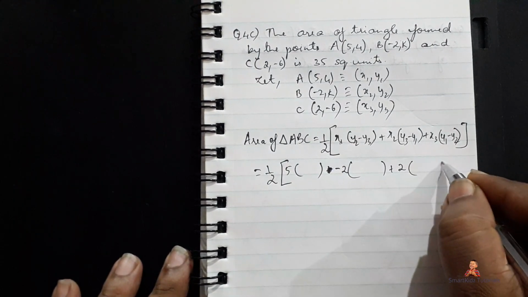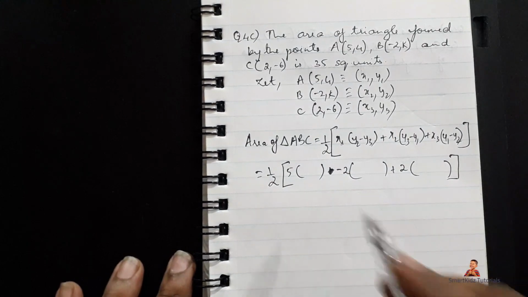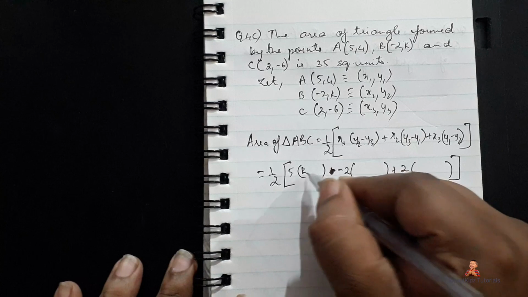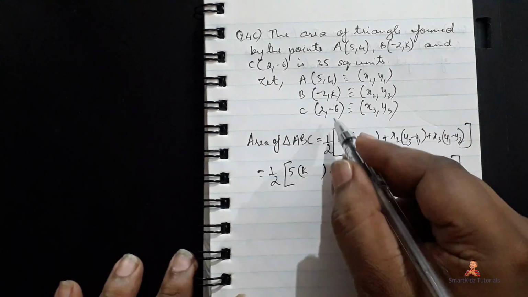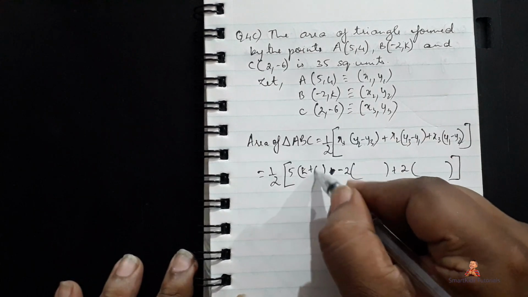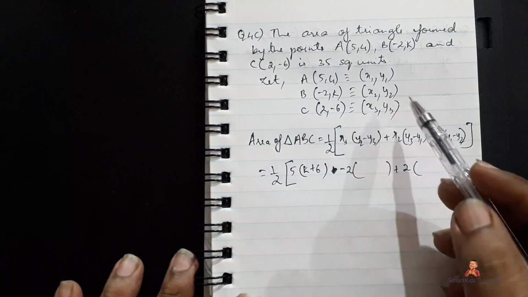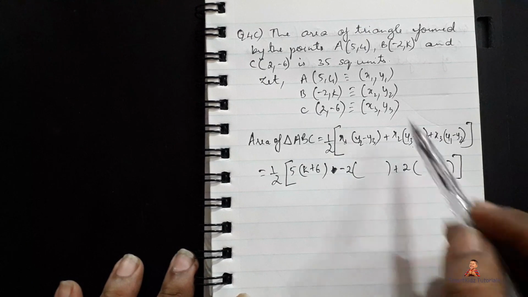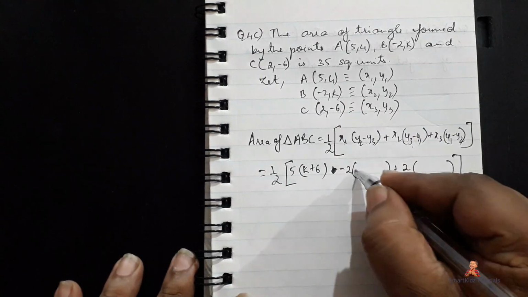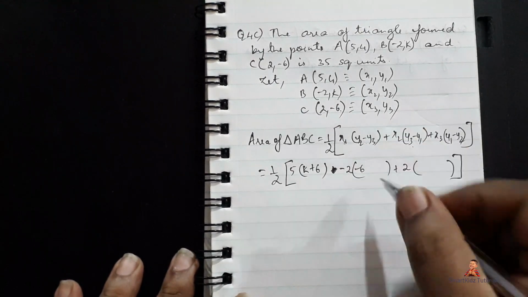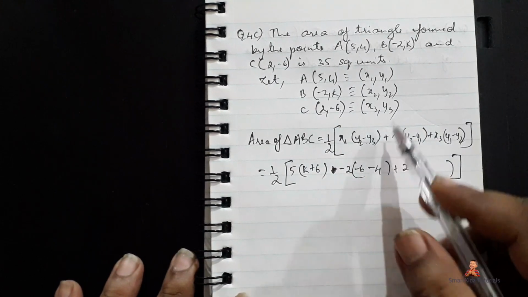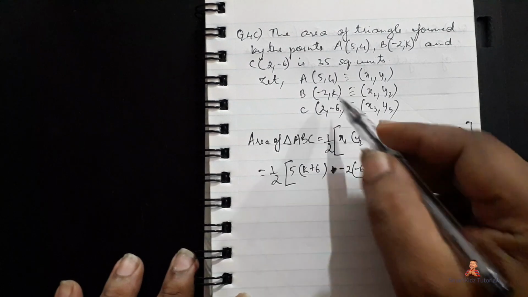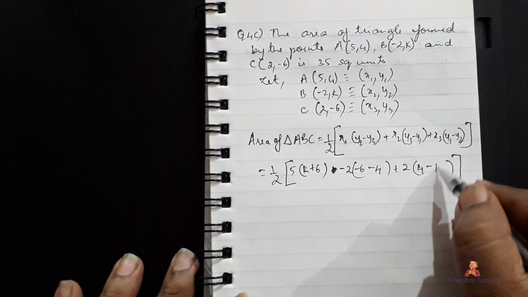Next we'll put y2, which is k, minus y3, so minus and minus gives us positive 6. Then we have y3, which is minus 6, minus 4, that is y1. Then next we have y1, that is 4, minus y2, which is k.